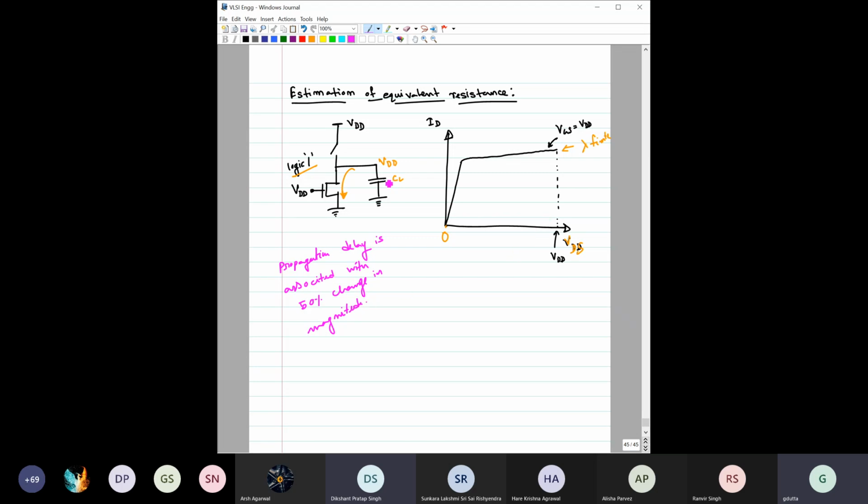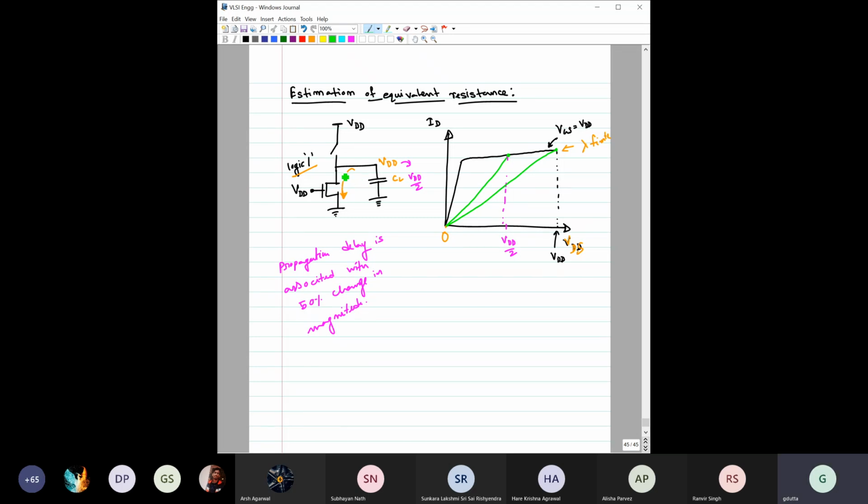So when the output is changing from VDD to VDD by 2, one resistance is at this point and another resistance is at that point. If you can find the average resistance between these two, that would give you an estimation of the average resistance for this NMOS transistor.